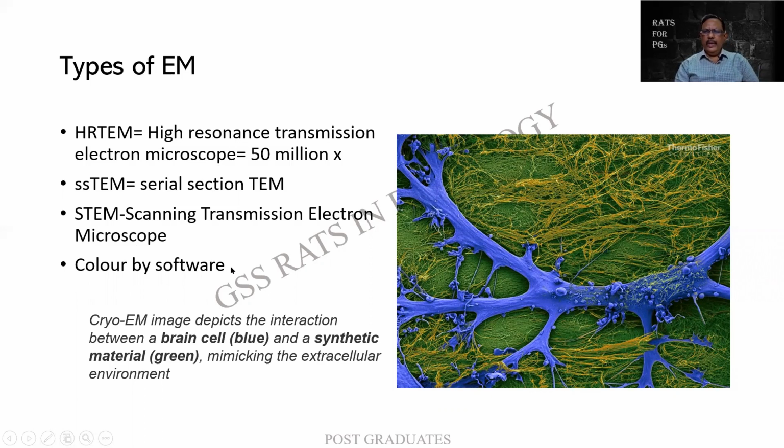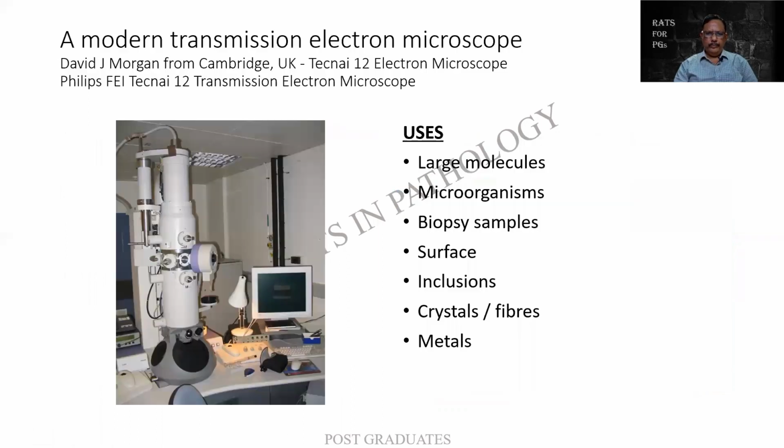Usually you would have seen all the electron microscopic pictures are black and white. But then there has been a provision for coloring, and you are able to identify a brain cell, a neuron in this, and there is a synthetic material which offers the background, maybe the glial fibers. And this is one of the modern transmission electron microscopes. Again, go to the net. There is a myriad of information that we can get, but cannot reproduce in the exam.